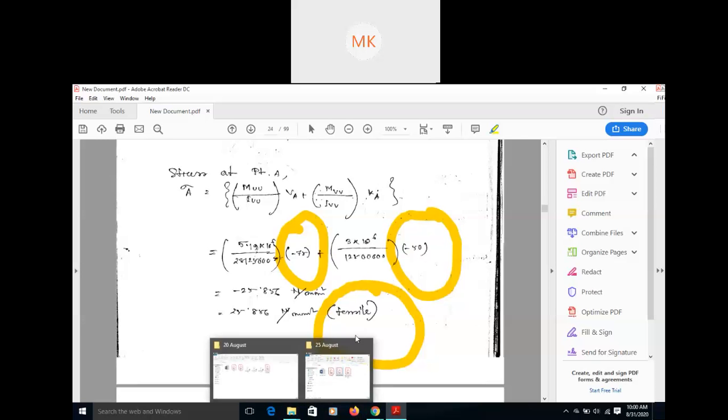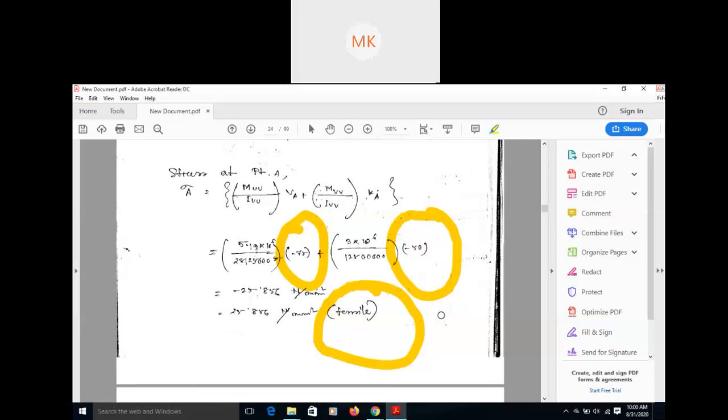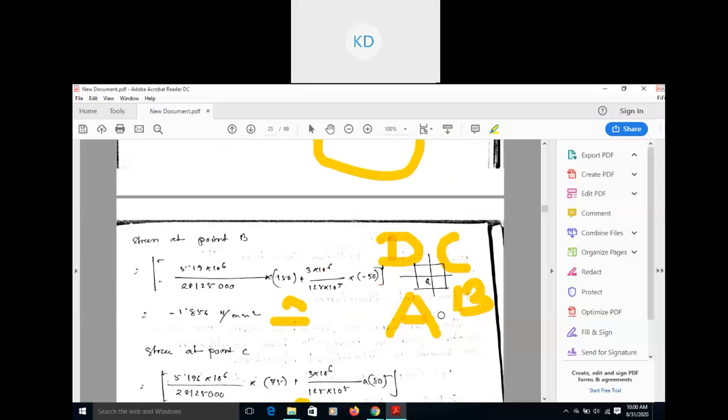I have a doubt. At stress at point B, PB is written as 150. No, no, this is not 150. This is wrong. It is half of that.